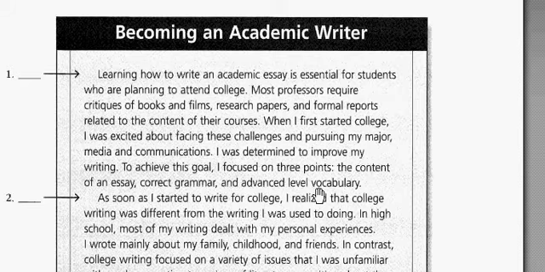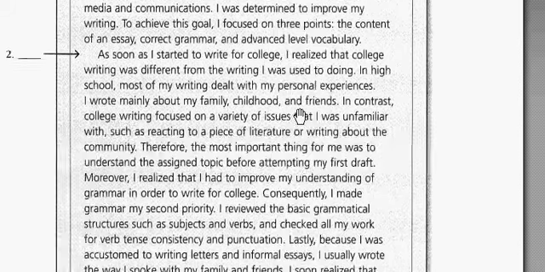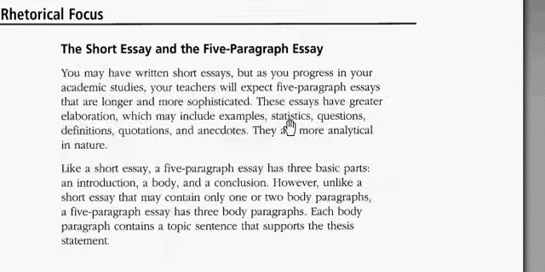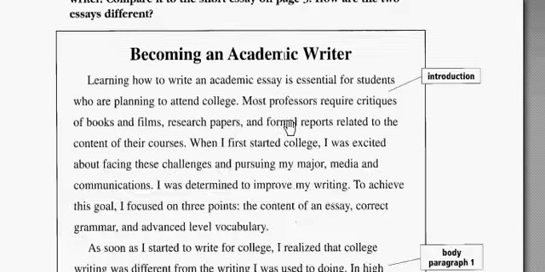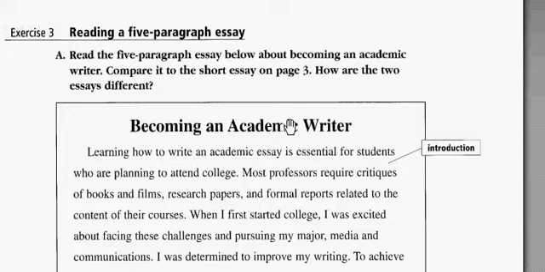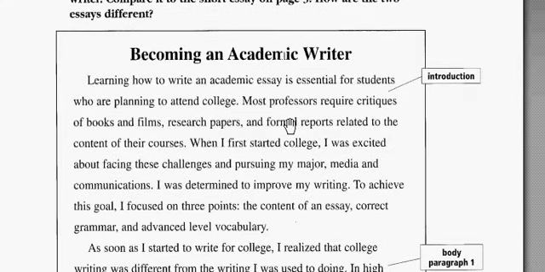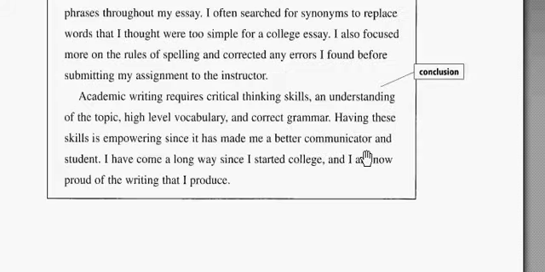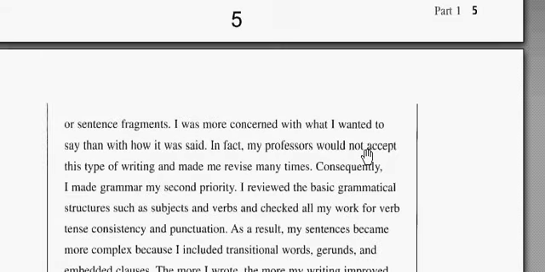So here is an example with only 3 paragraphs in number 3 and a few questions, and then going down to our main essay. It starts on page number 5, Becoming an Academic Writer. Now here we have a longer introduction, we have 3 body paragraphs, and then finally a conclusion.